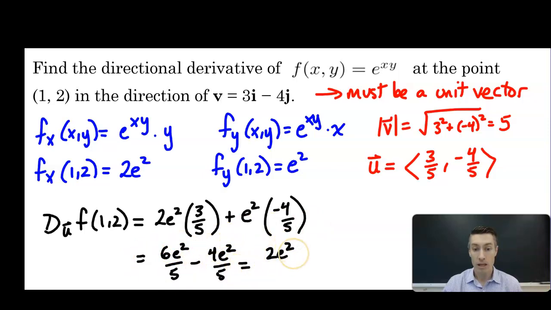We get 2e squared over 5. And what this gives us is the rate of change of the function, so how the function's output is changing if we move 1 unit in this direction. Okay, so if we go down this unit direction vector, the function's value will have increased by 2e squared over 5. And that is our rate of change, that is our directional derivative.